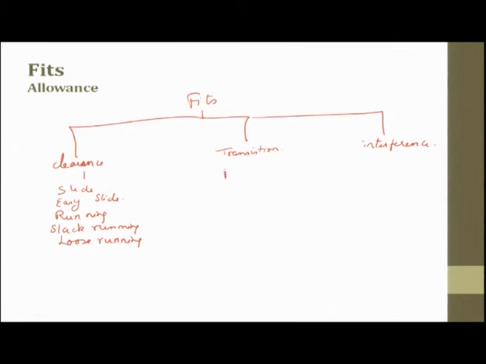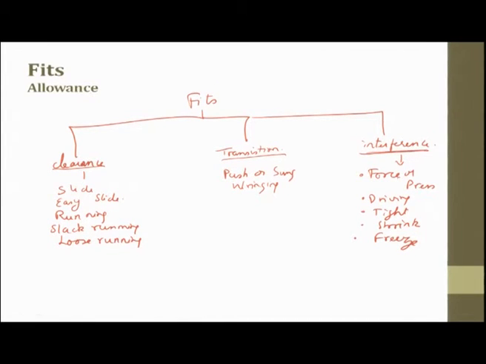When you talk about transition, it is always push or snug, or ringing. Ringing is more of what we use with slip gauges. For interference we always have force or press fit, where we need driving and pushing, it is tight, and we sometimes do a shrink fit and also a freeze fit. All these are possible interference fits.